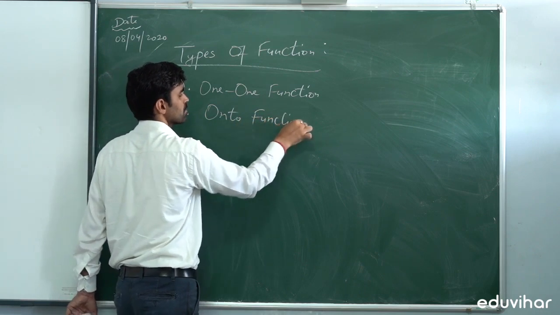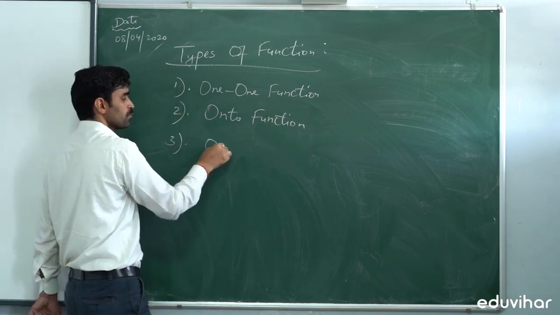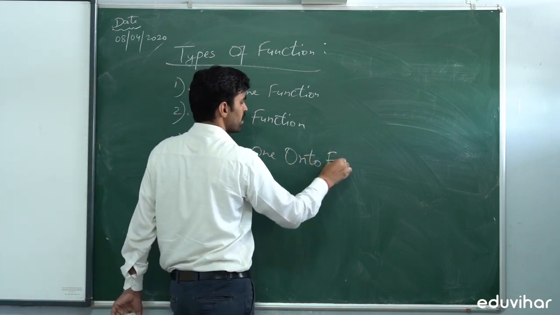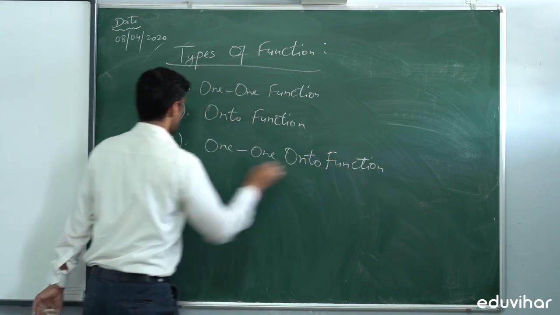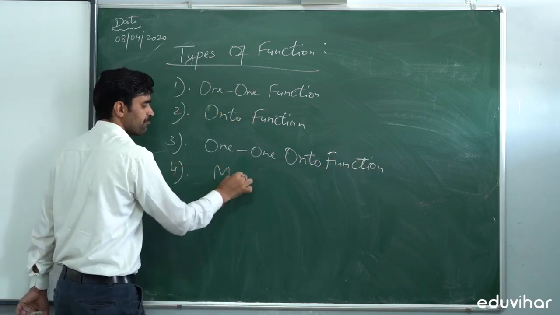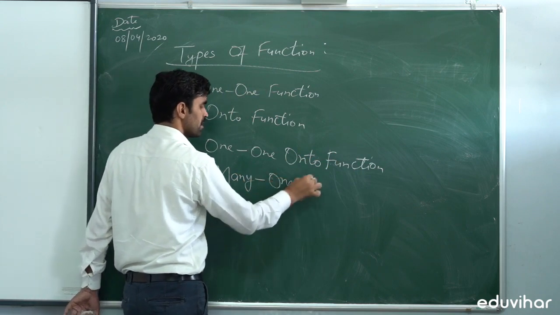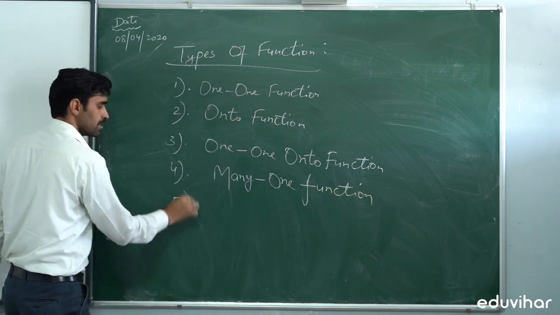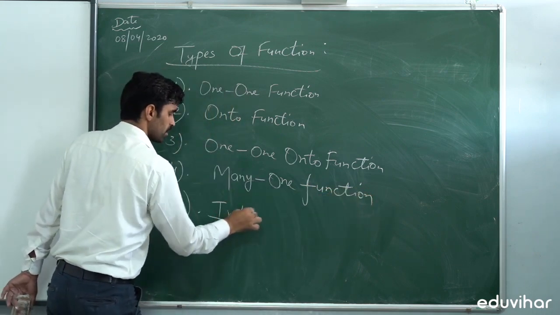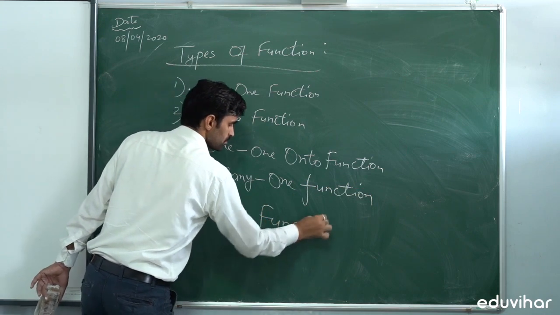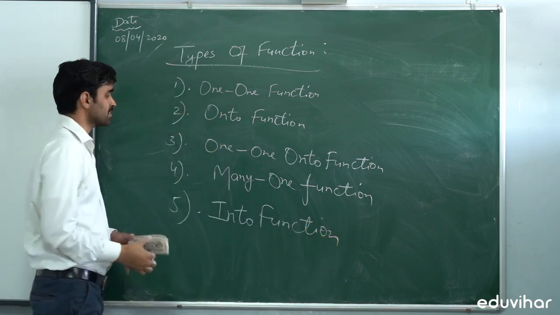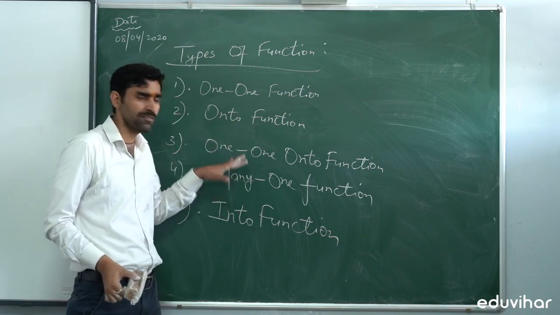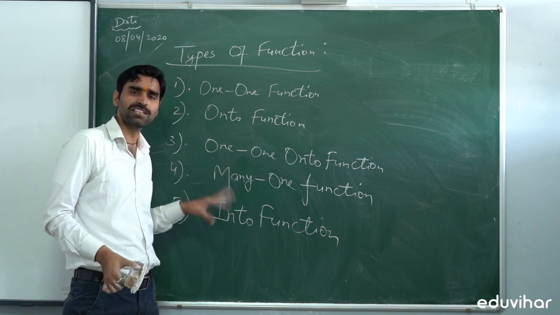Third is 1 1 onto function. Fourth is many one function. Fifth is into function. Other than this, many one into function and many one onto function. These are formed from this combination.